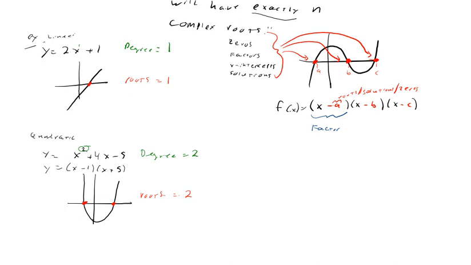We're going to have negative 5, and we're going to have positive 1, and those are going to be our roots. So quadratic equations cross 2 times. Linear cross 1. Cubic equations are going to cross 3 times. No matter how many exponents you have, it's going to have that many complex roots.